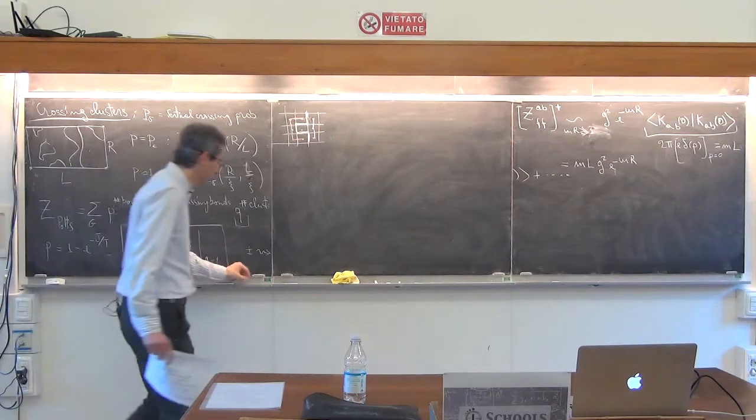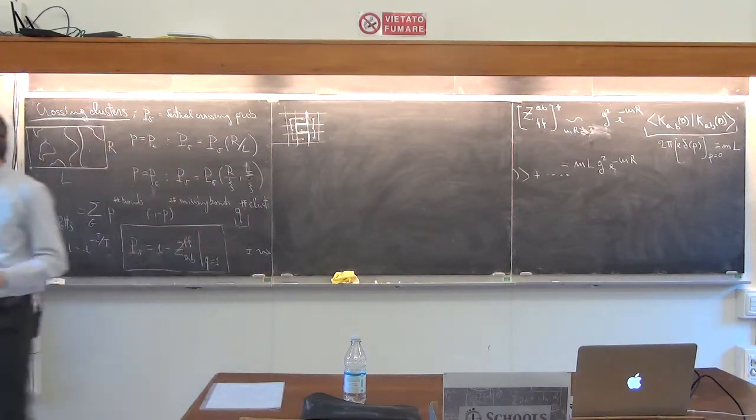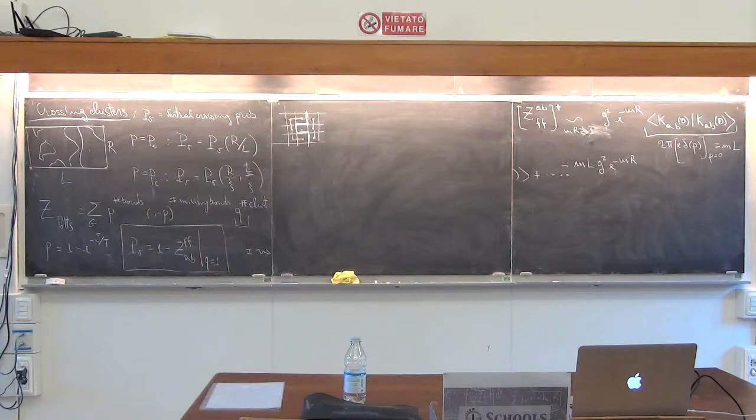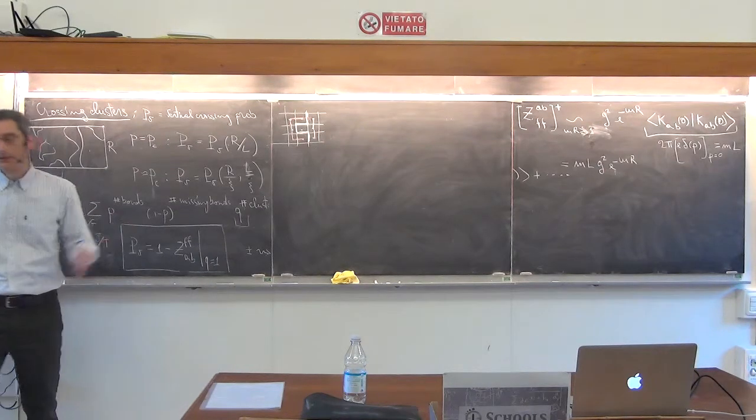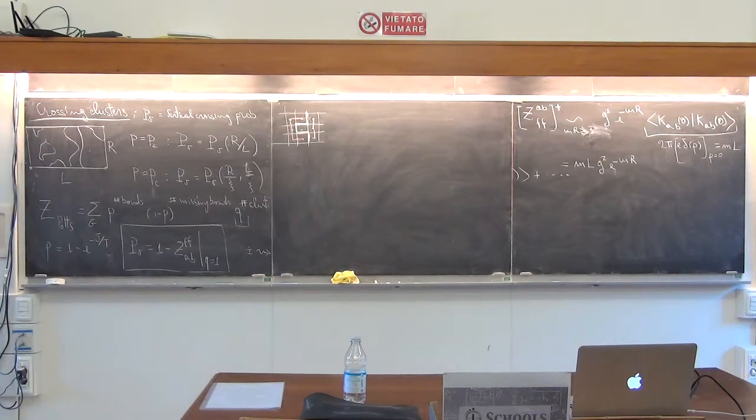Okay, and this correspondence between direct lattice and dual lattice is what you use to relate the high temperature phase with the low temperature phase.